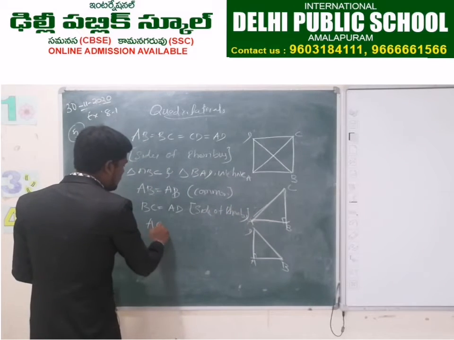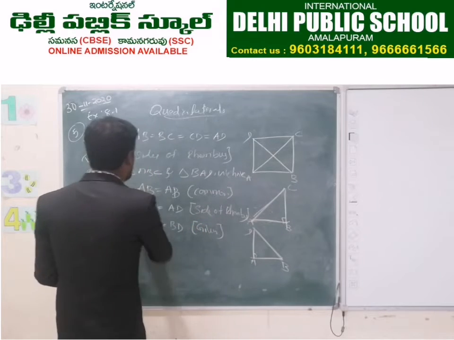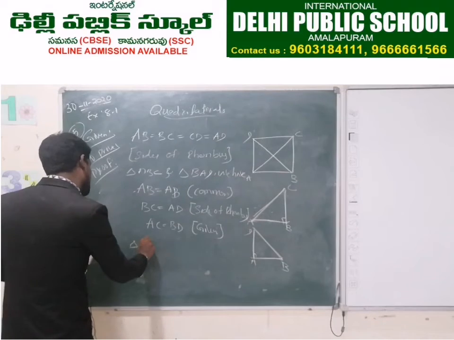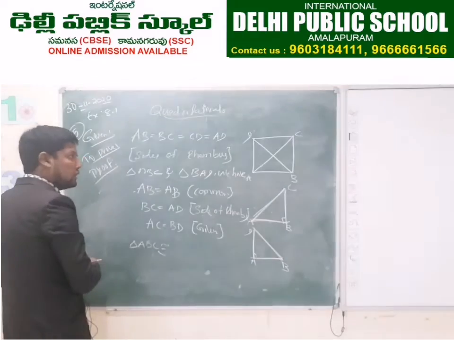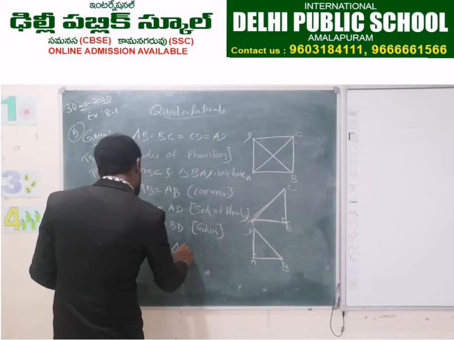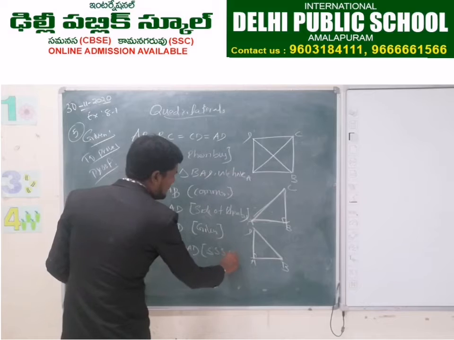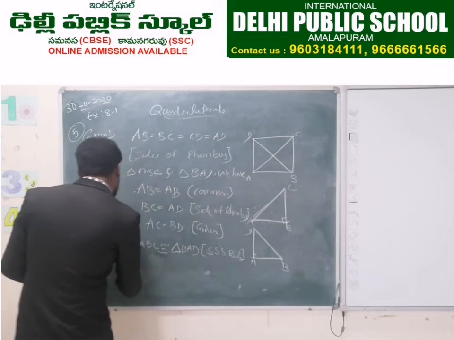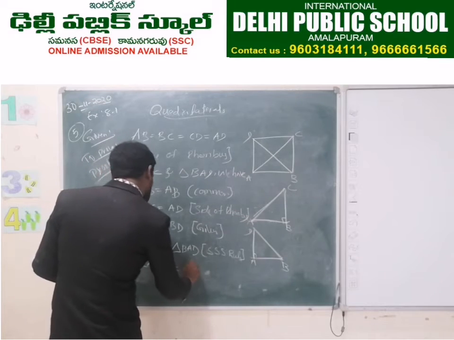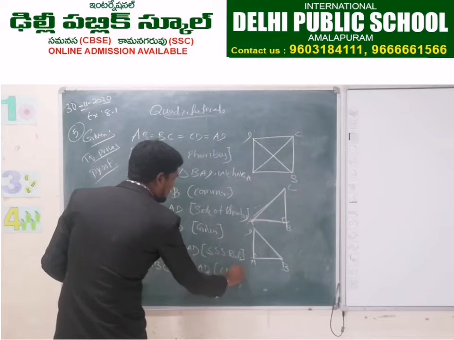Next, AC is equal to BD, that is given. This is side, side, side. So therefore, triangle ABC is congruent to triangle BAD by using the SSS rule. Therefore, angle ABC is equal to angle BAD, CPCT.